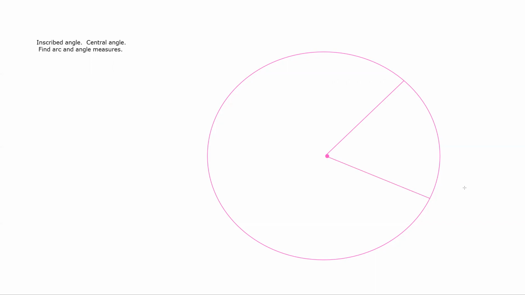Now I need the inscribed angle using those same two outside points on the circle. Let's label some points. This could be B, and this could be C, and the center of my circle is point D. Well, we also have right here point A.